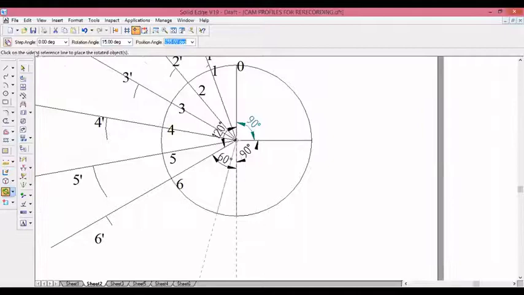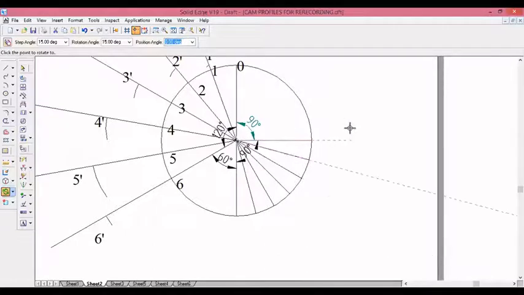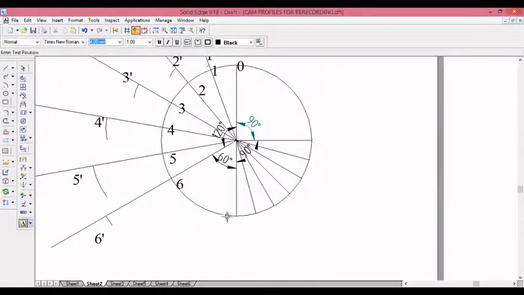So measure 15 degree from this. So we divided it into 6 equal parts. So this is in reverse direction: 6, 5, 4, 3, 2, 1, and 0.